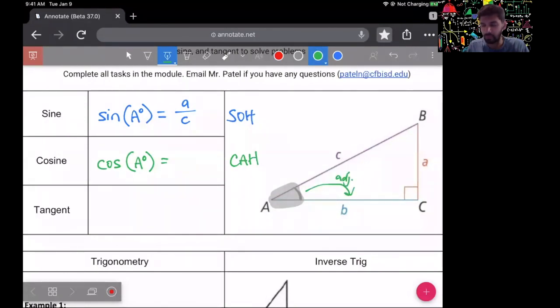Adjacent means right next to. That's going to be B over C, because B is adjacent and C is hypotenuse.